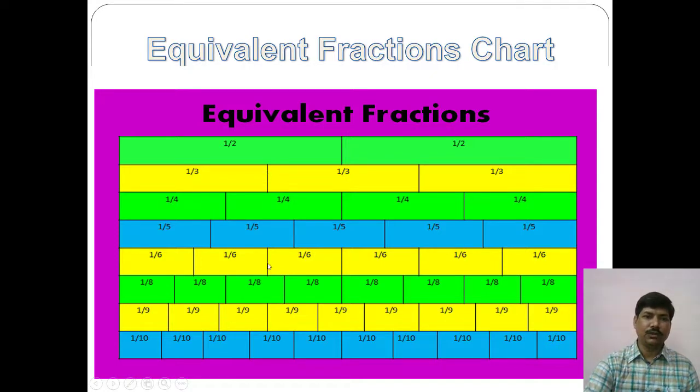So 1 upon 3, 2 upon 6 and 3 upon 9 are equivalent fractions. It means 2 upon 6 is equivalent to 1 upon 3 and 3 upon 9 is equivalent to 1 upon 3. So you can find more groups of fractions which are equivalent to each other, or we can say equal to each other because they have the same value.